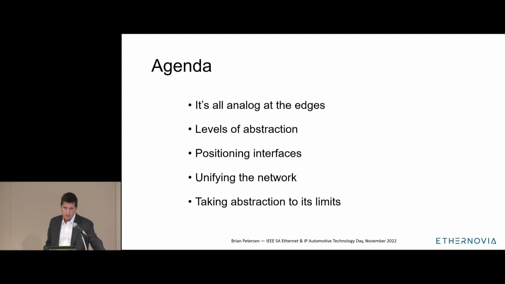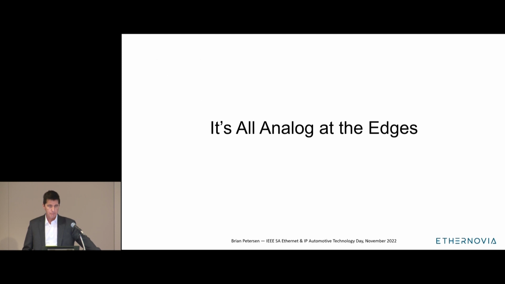Instead, I'll be talking about what things are like at the edges of the network, how establishing correct levels of abstraction is important for managing complexity, how positioning physical interfaces between these levels of abstraction can have a big impact on the overall behavior of a network, what a unified network might look like and what it might enable, and what might be possible if we take abstraction to its limits.